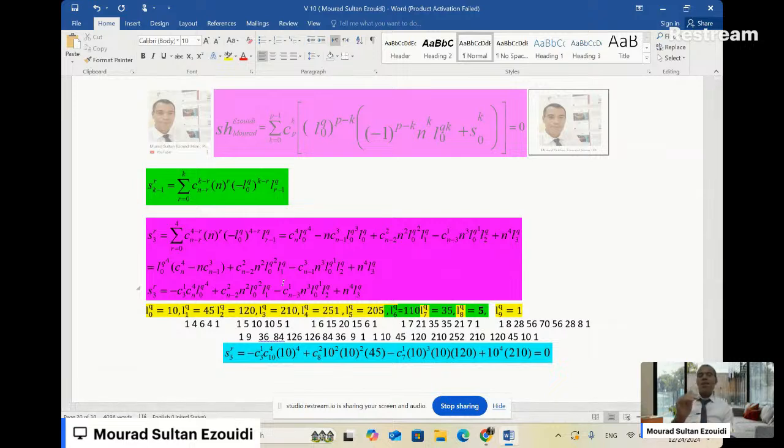You see that this type of equation, in fact, has 10 complex roots. We figure this out after making our calculation. So the value of S3 is equal to 0.